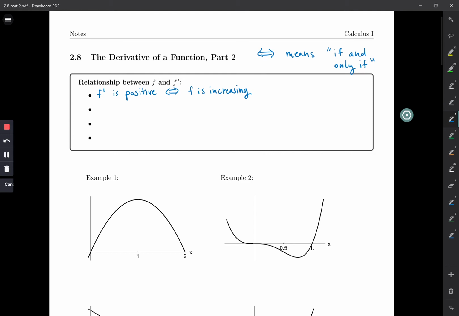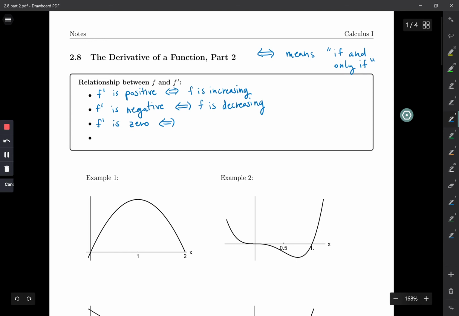Okay, similarly, if f prime is negative, then that means that the function is decreasing, and if the function is decreasing, that means that the derivative is negative. Okay? If f prime is equal to 0, that means that the function itself is flat.